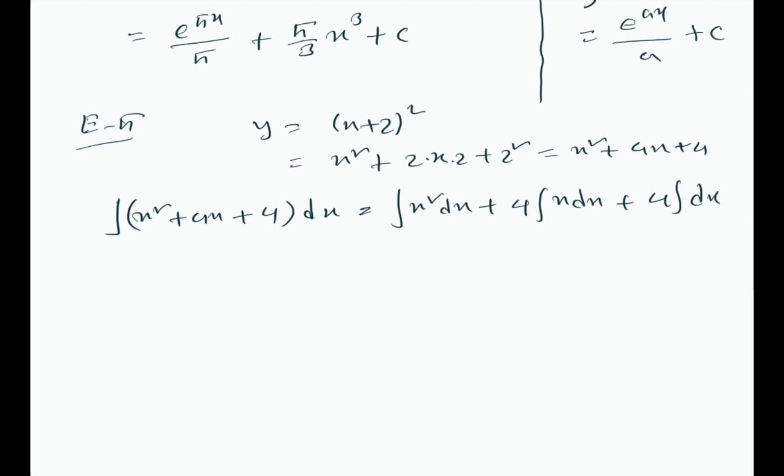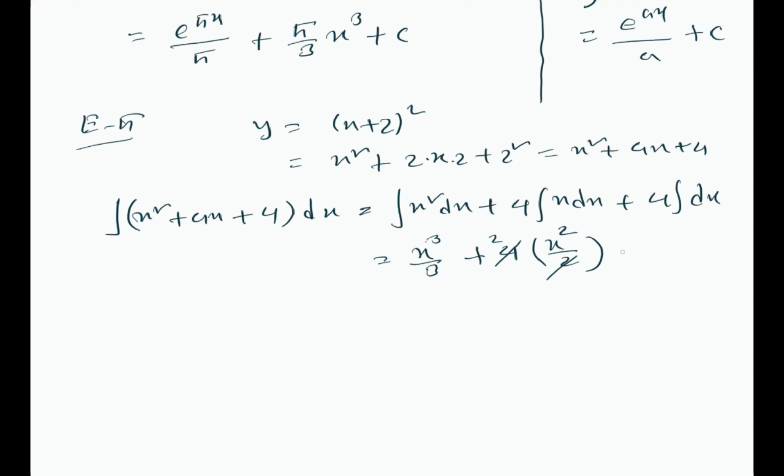Okay, so the integral of x squared is actually x to the power 2 plus 1, which is 3, divided by 3, plus 4 times, so here our power is 1, so 1 plus 1 is actually 2, divided by 2. So this 2 goes into this 4 two times.